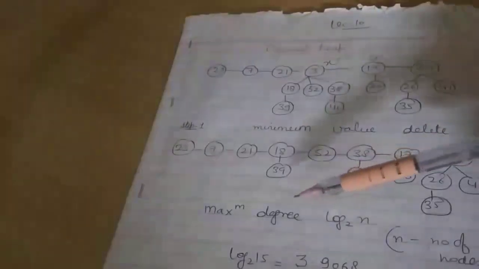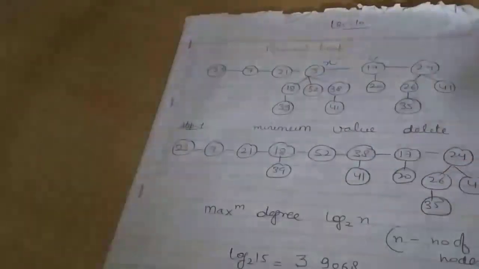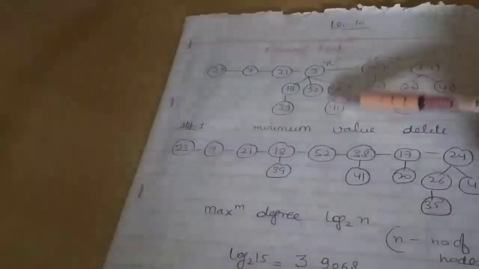Now, the maximum degree is log n, where n is the number of nodes. We have 15 nodes. So the index is of size 0 to 3: 0, 1, 2, 3.